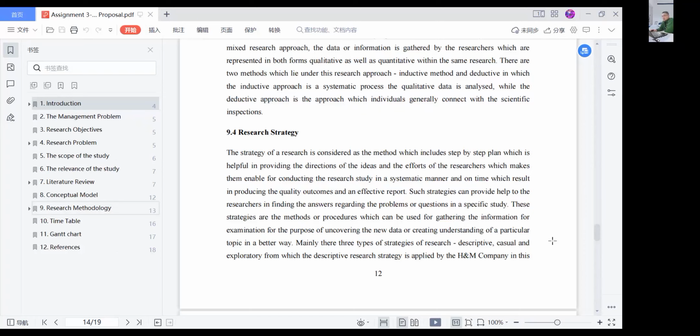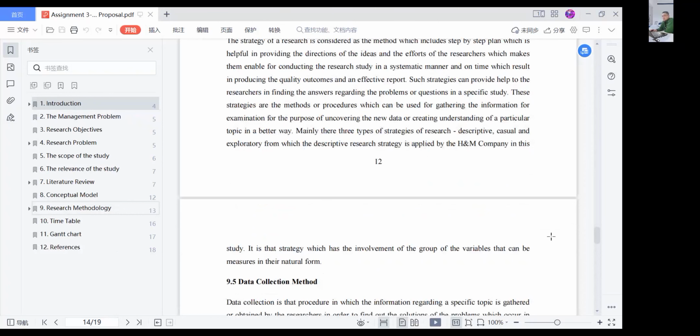Mainly, there are three types of strategies of research: descriptive, causal, and exploratory. Of these, the descriptive research strategy is applied by HM company in the study.